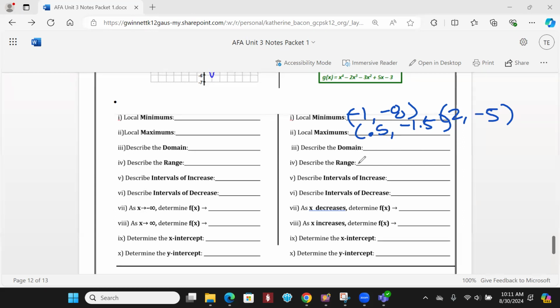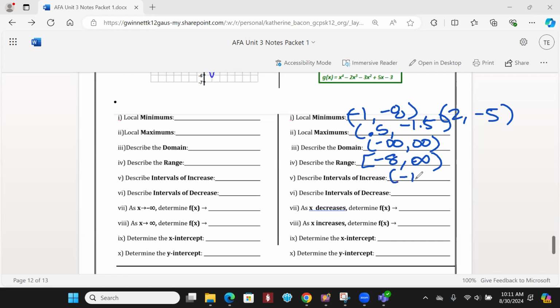All right, so domain, what's the x values? All real numbers, negative infinity to positive infinity. All right, range, what's the lowest y value? -8 to positive infinity. Okay, intervals of increase.